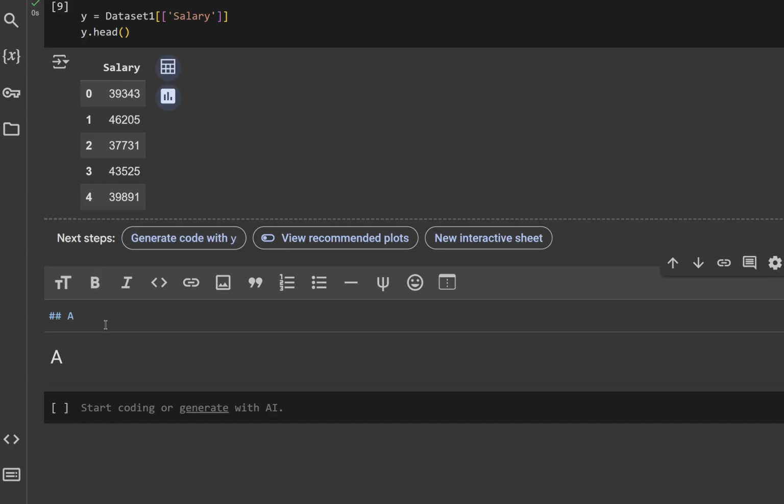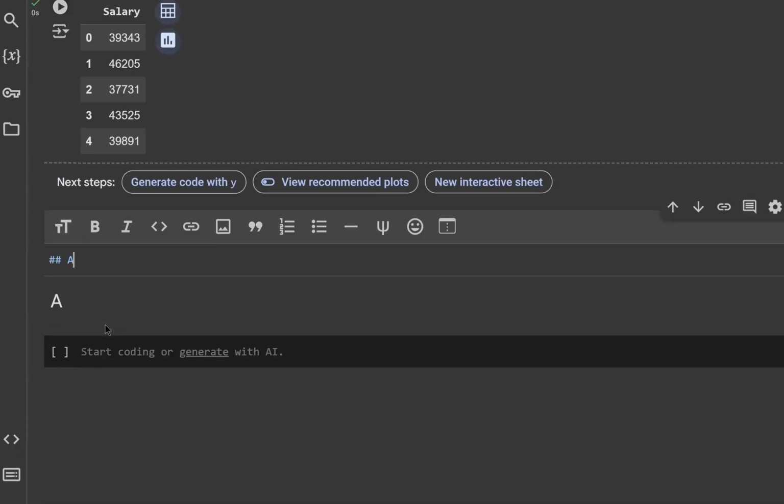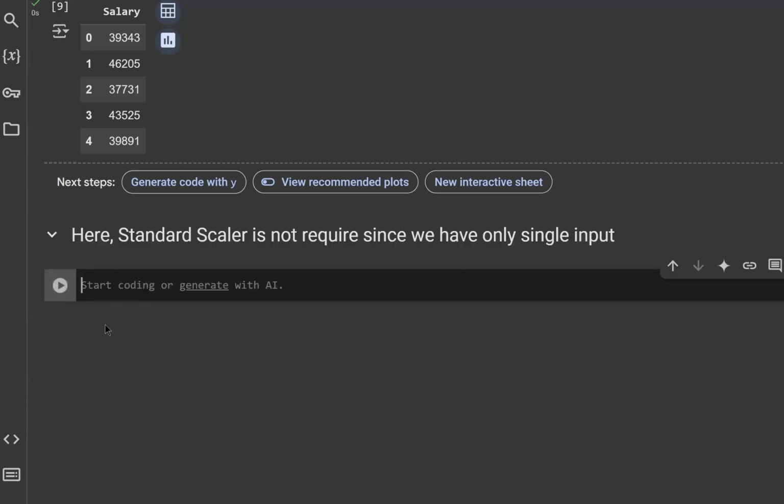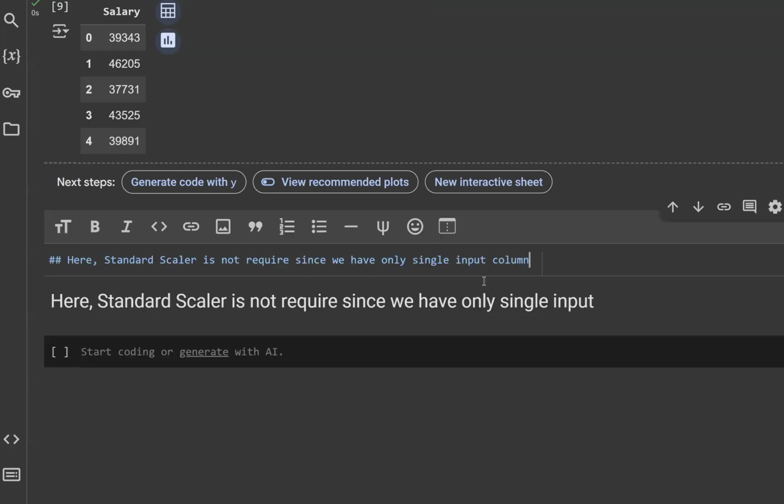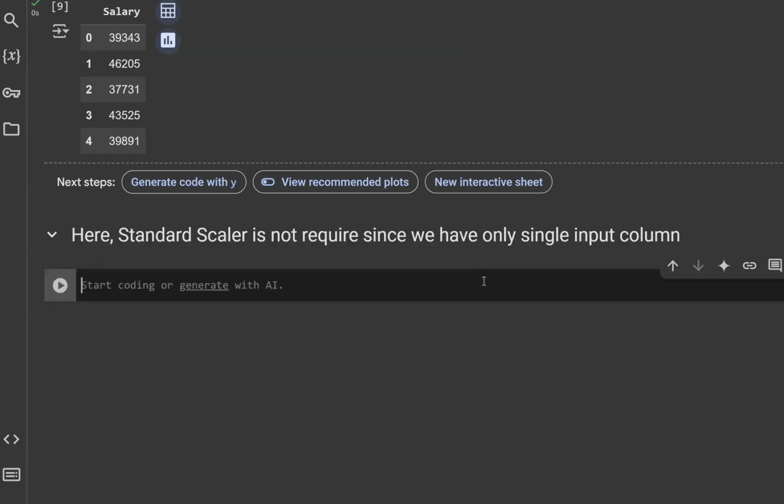I'll simply go for train test splitting. Let's apply it.